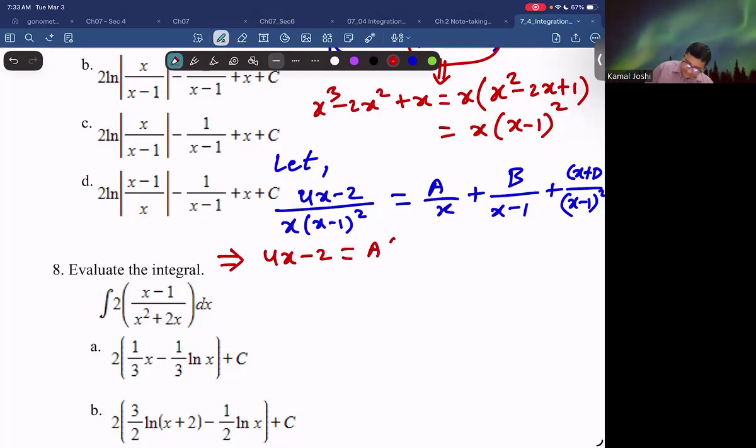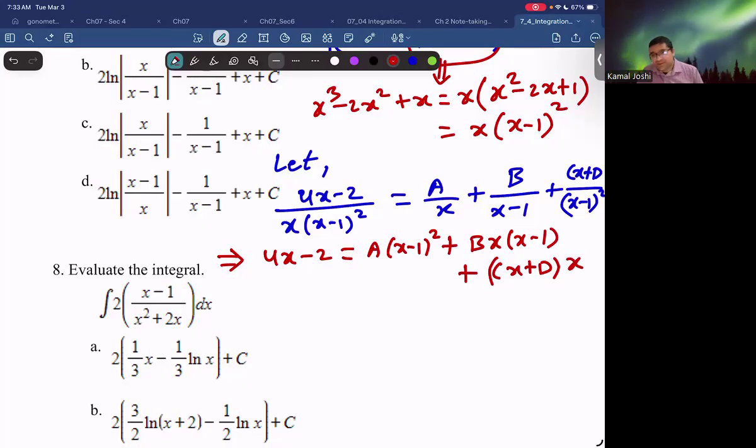You are going to get a times x minus 1 whole squared, because only the x will cancel with that. b will get x and the x minus 1, because one of the x minus 1s will cancel, right? And cx plus d will only get x, because x minus 1 whole squared will be cancelled, right? And this one is in between, you can find some values by plugging in appropriate choices of x, and some you might have to solve more than one equation.